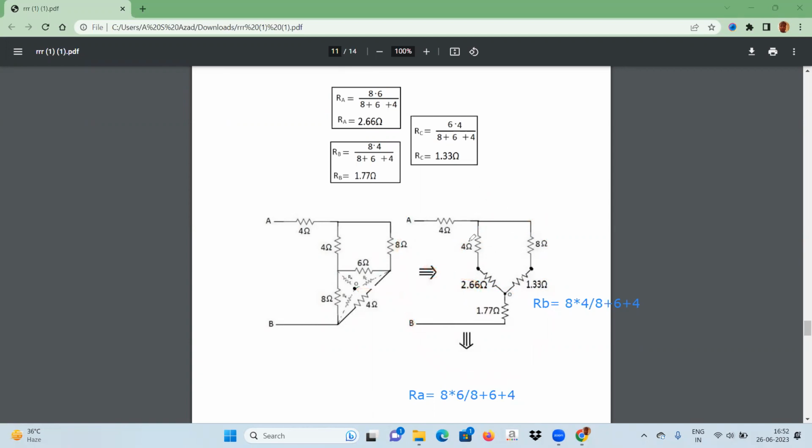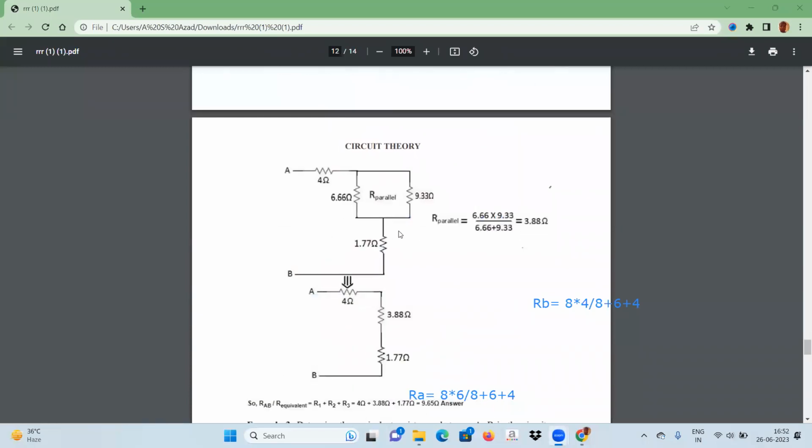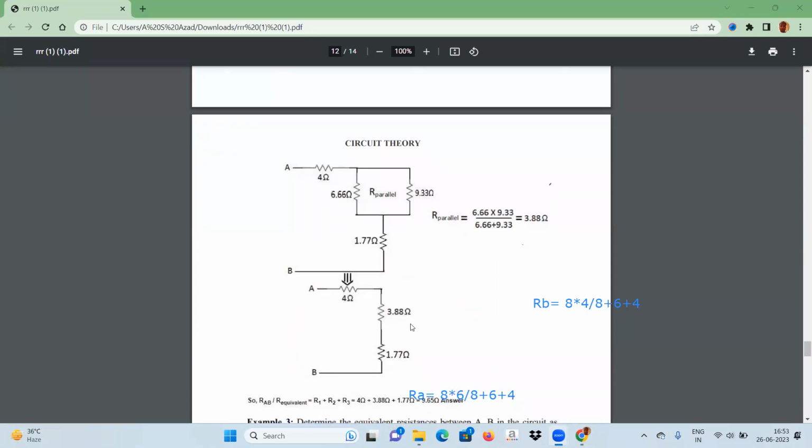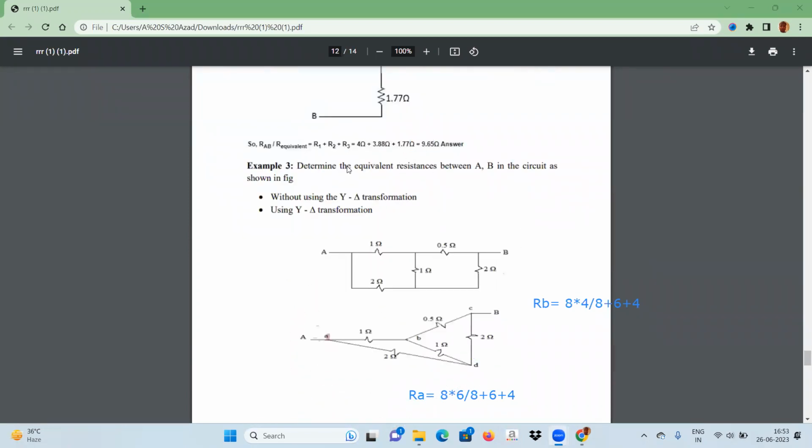First of all, calculate for the series connection. This is series, and now these two will be in parallel. This is the parallel connection, the output of the parallel connection, and now all are in series. You can calculate here like this.